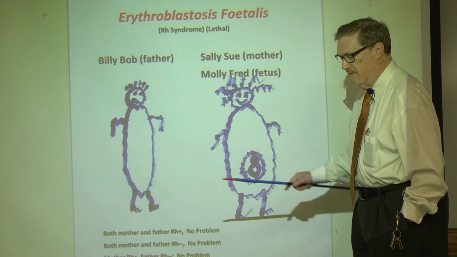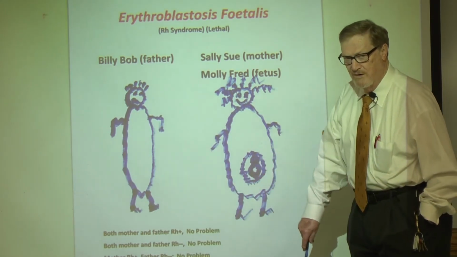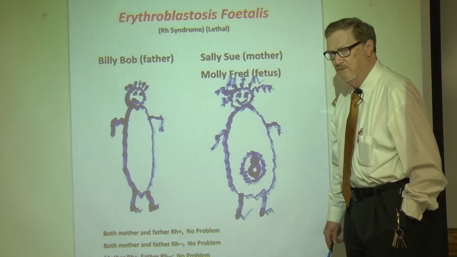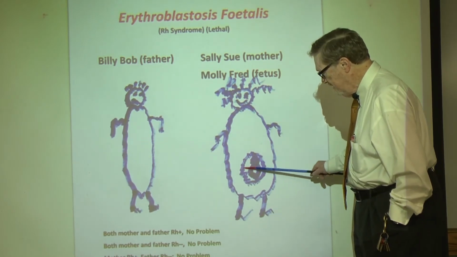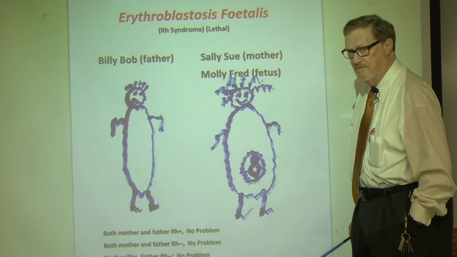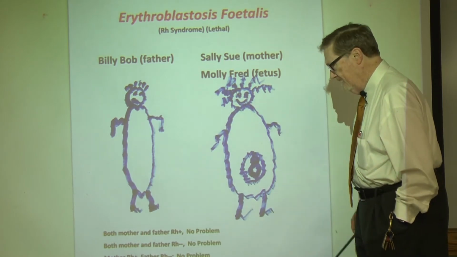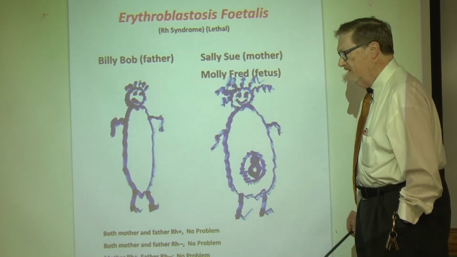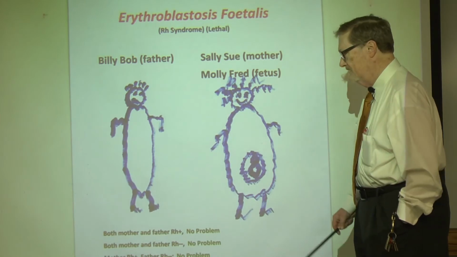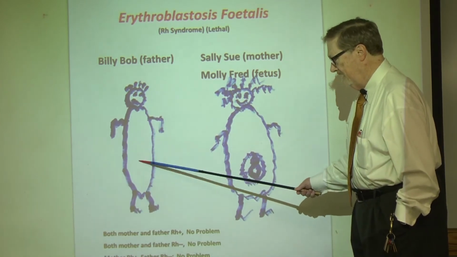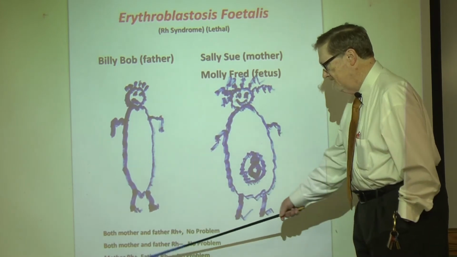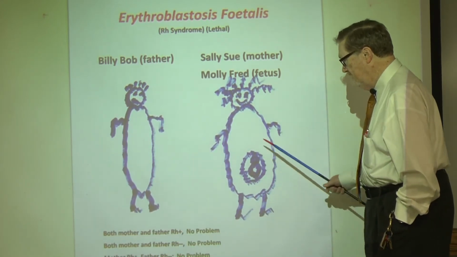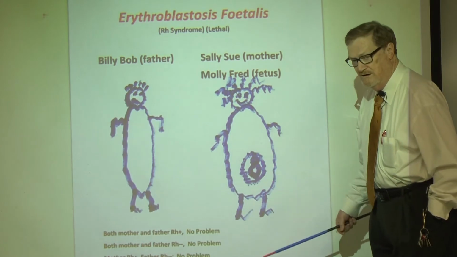It was on her first day inventory when she was a brand new little baby, and she will never make antibodies against it, so there won't be any antibodies to attack her fetus, even the second, third, fourth, fifth, any of them that she has. But the condition where it's a problem is when Billy Bob is positive and Molly Fred is negative. Then that could lead to a lethal condition.